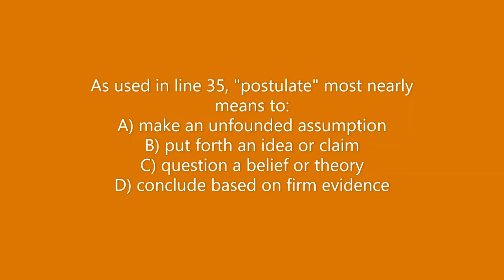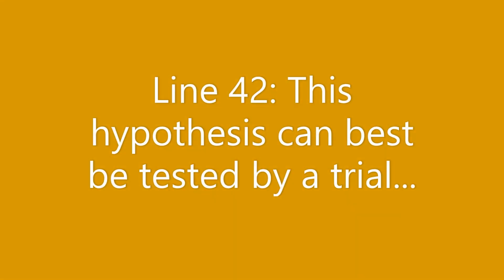But let's say we're not ready to answer this question yet. We don't have enough information. Where else in this passage can we go to figure out how they're using the word postulate? Go ahead and look at line 42. It's actually the first line at the top of the page on the right-hand side. They say, "this hypothesis can best be tested by a trial."